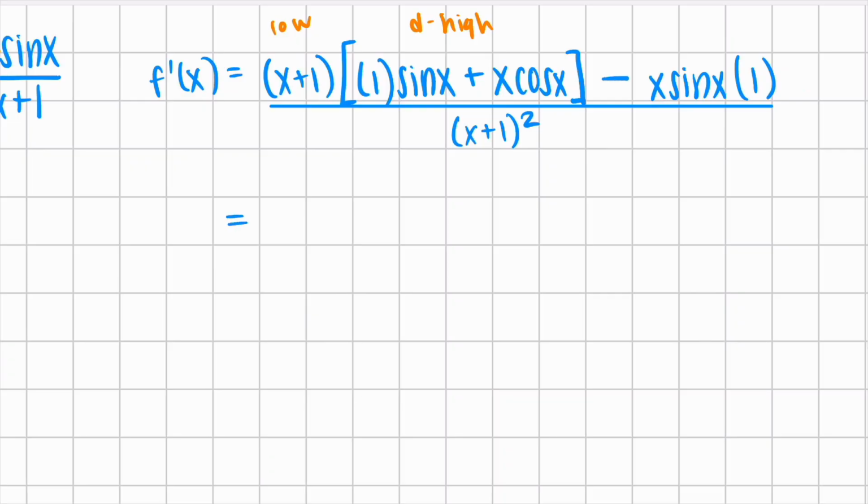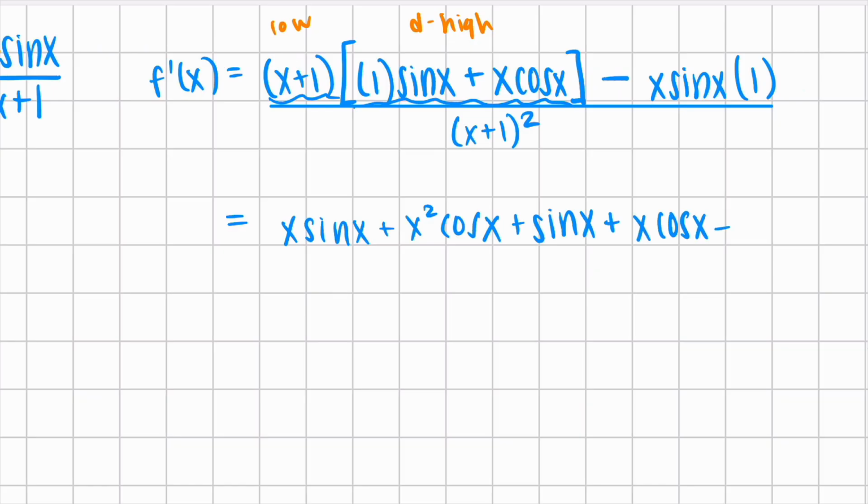Let's do our simplifying. I'm going to multiply this binomial with this binomial. We get x sine of x plus x squared cosine of x plus sine of x plus x cosine of x minus x sine of x all over our x plus 1 squared.